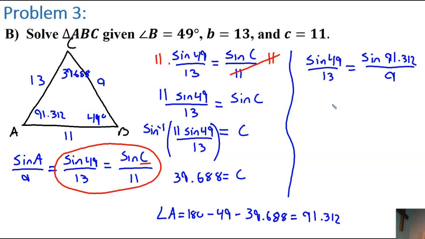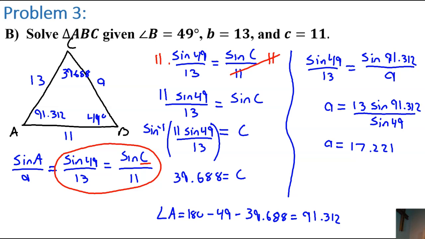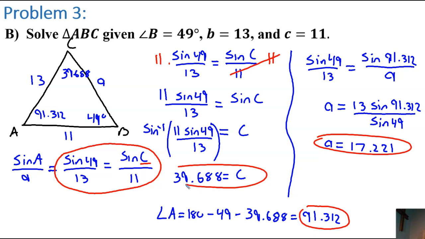Okay, cross multiply, divide, that's going to leave you with a is equal to 13 sine of 91.312, okay, divided by sine 49. And we end up with little a is equal to 17.221, we could say. All right, so there's my 3 missing parts.